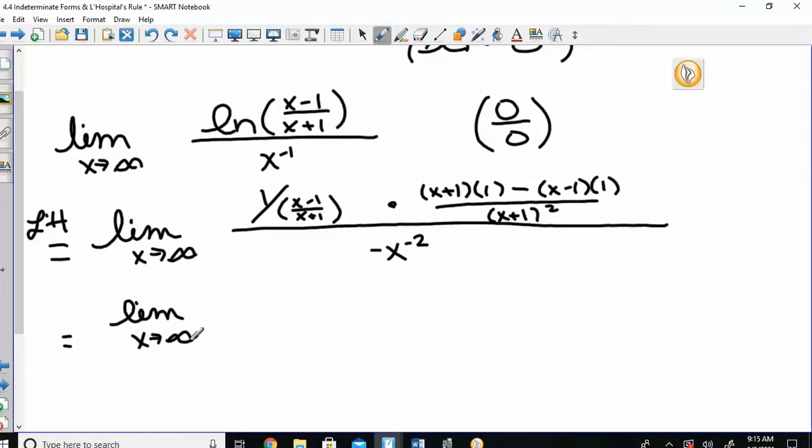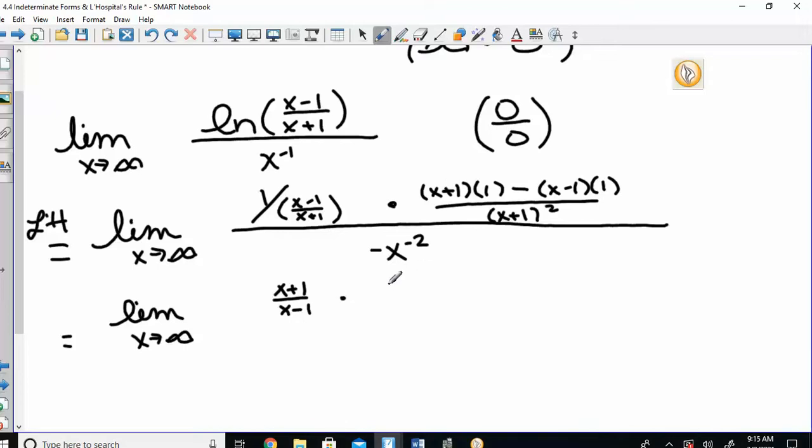What could I do to that? Well, how would I write this so it's not like a fraction in a fraction? It would become x plus 1 over x minus 1. Just what's the bottom one?